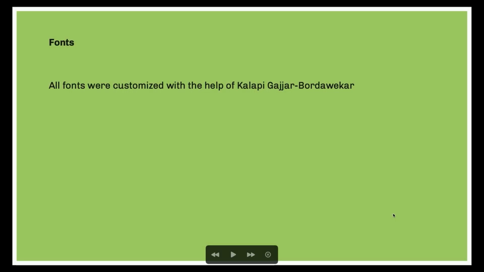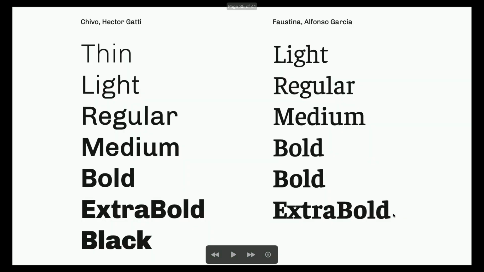And I also did some customization on fonts. Calapi was my colleague in Reading, and helped me a lot with this. So we took these 2 typefaces of Omnibus Type, a type foundry from Argentina, run by Pablo Cosgay and Marcela Romero, his wife.